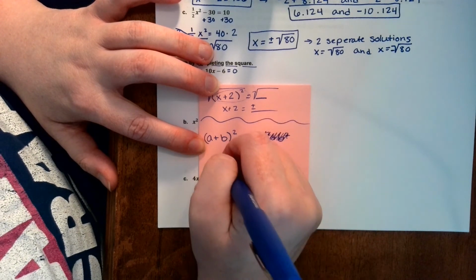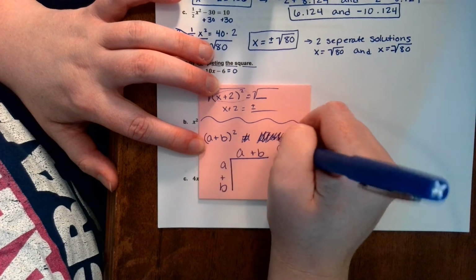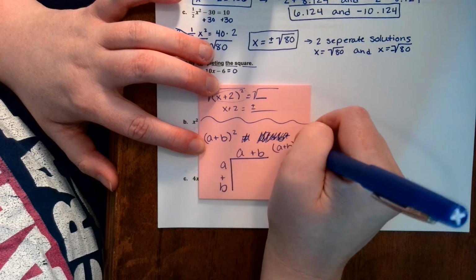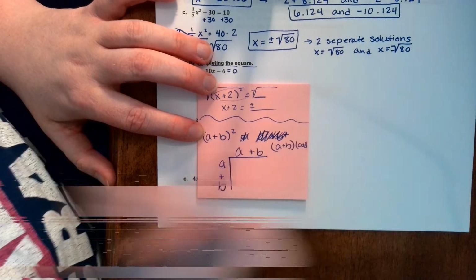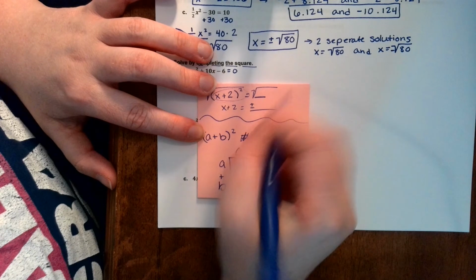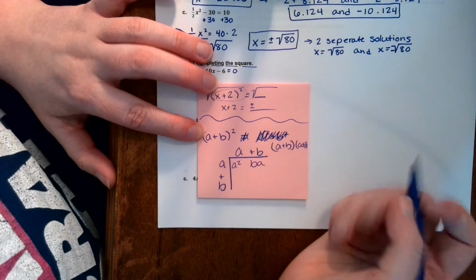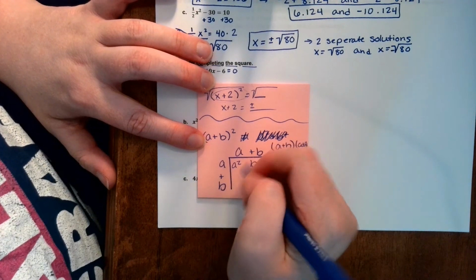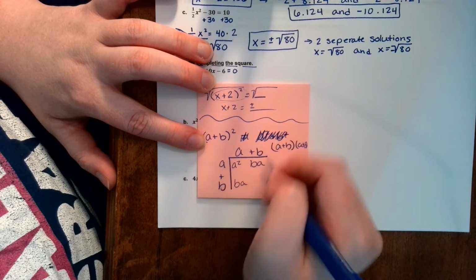We're doing a plus b times a plus b. We're squaring a plus b. We're not squaring a and b. Okay, a times a is a squared. A times b is either ab or ba, however you want to write it. A times b is ab or ba, and then b times b is b squared.